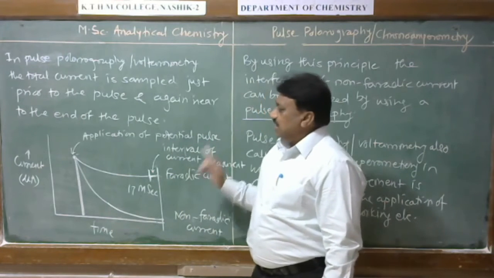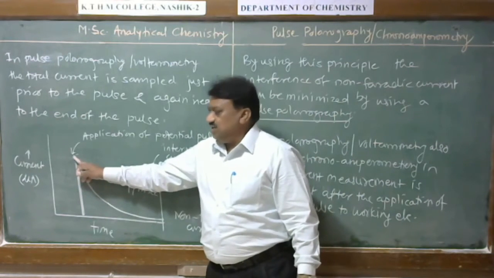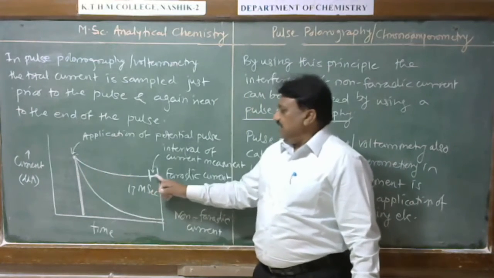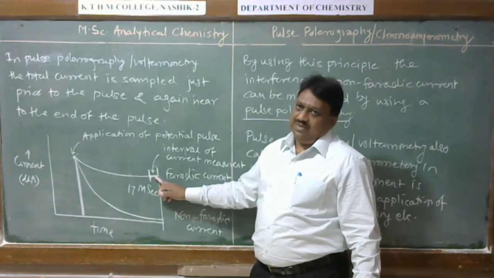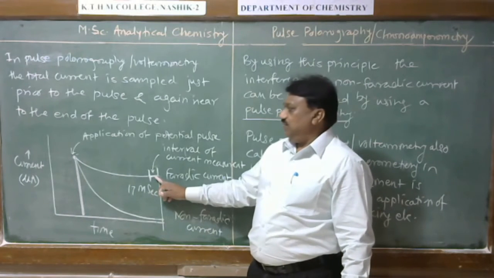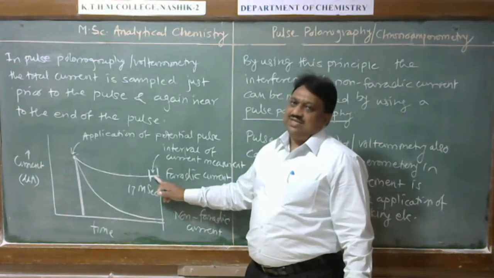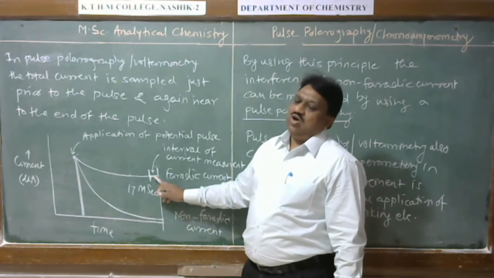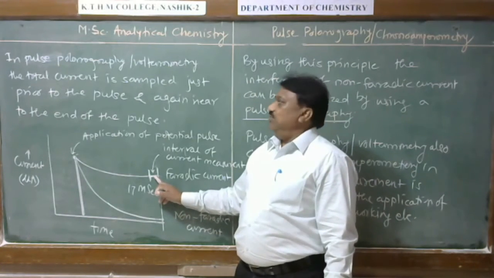Here two currents are measured. One is just prior to application of potential pulse, and second at the end of the potential pulse or at the end of the mercury drop. And this current is plotted as a function of applied potential in order to obtain a voltammogram.